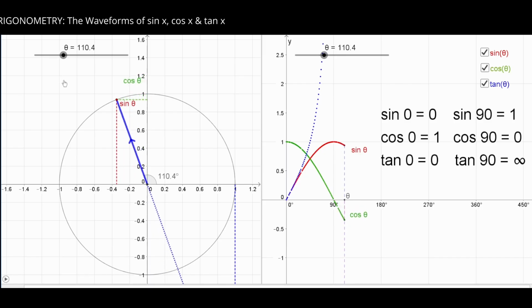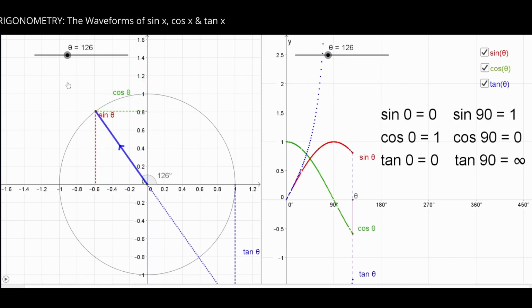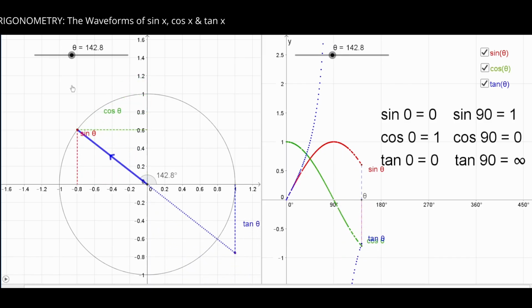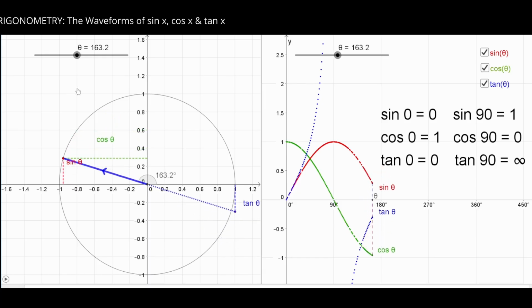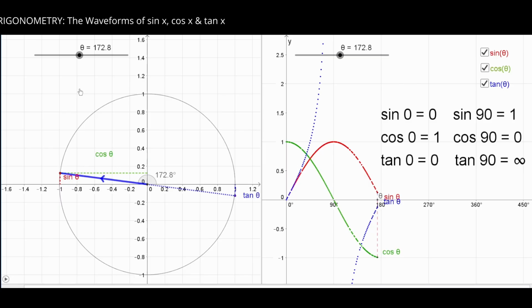Yes, cosine continues to fall and sine now is falling back towards 0. Tan's making another appearance. And I'll try to stop at 180. Roughly. So sine's come back down to 0, cosine has gone to -1. Tan has also come back to 0.